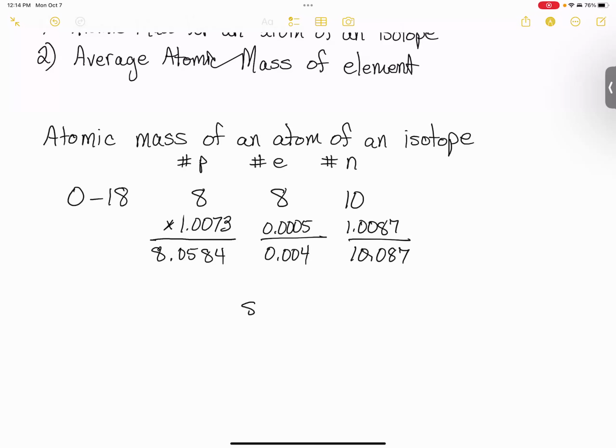If we add them together, we get a value of 18.1494 atomic mass units.